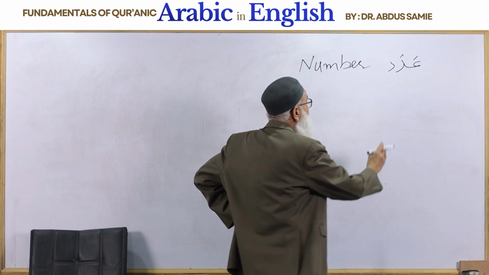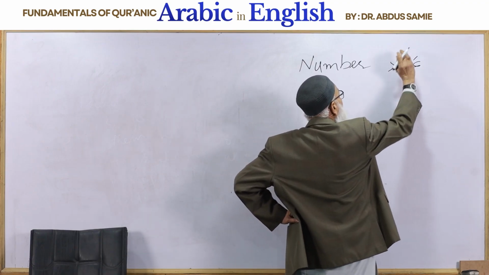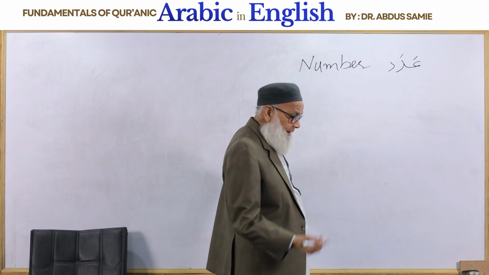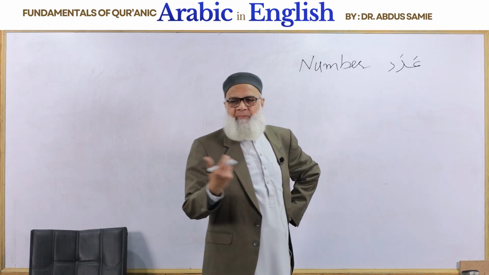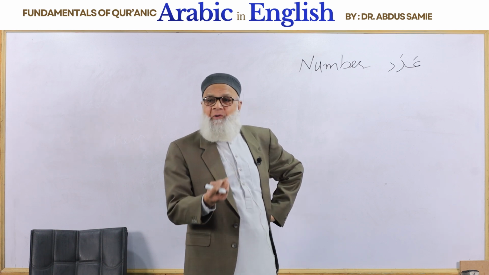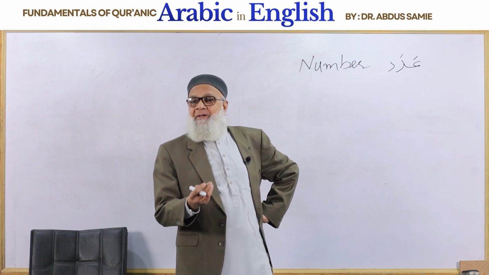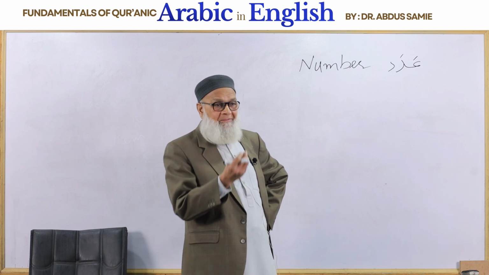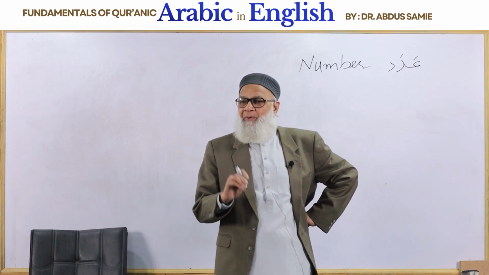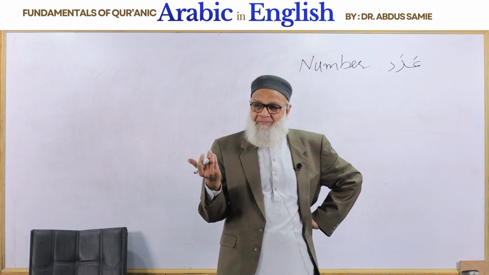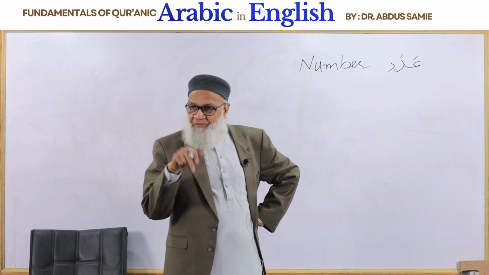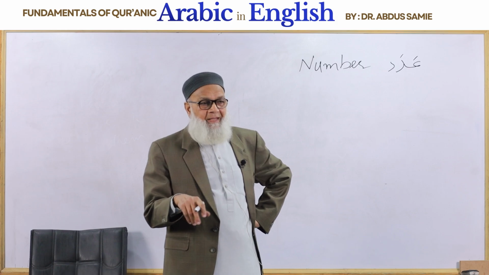Adadun. In English, you have only two numbers, singular and plural. Singular form is used for one, and plural form is used for two and more. So, there are two numbers in English, singular form and plural form.